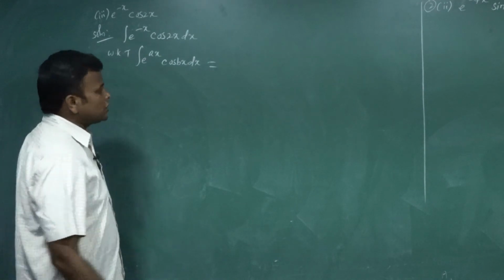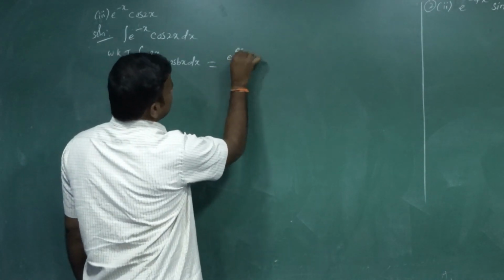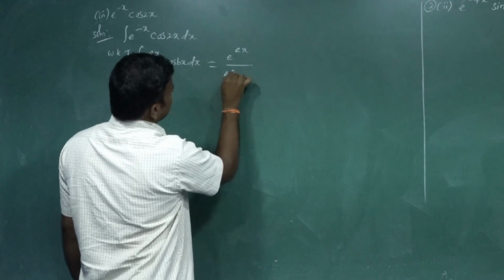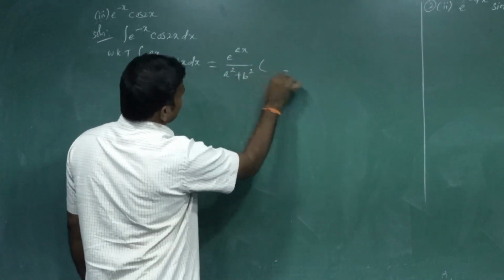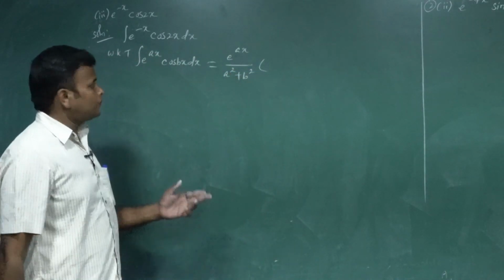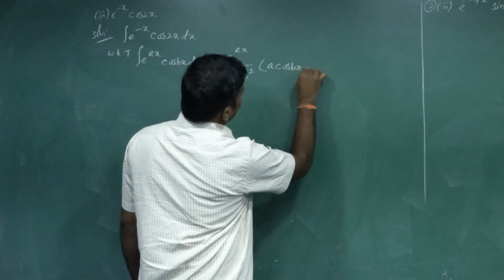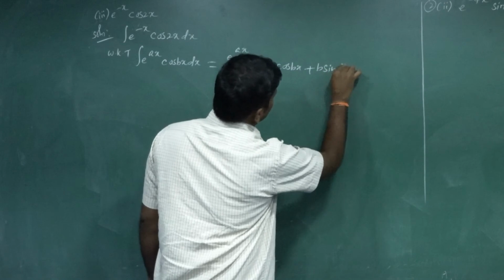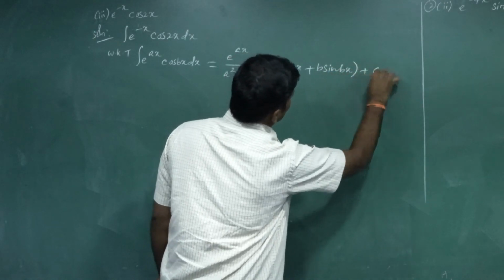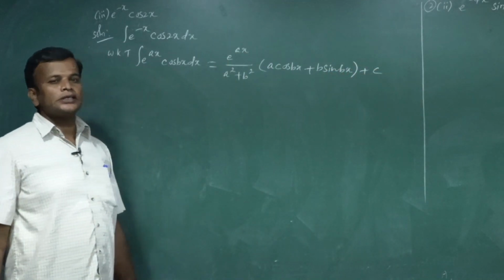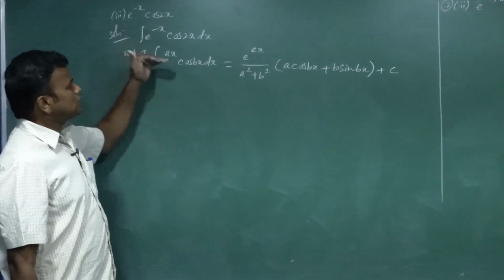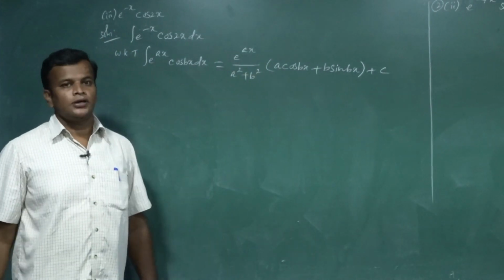The formula of that one is, you must memorize the formula, e power ax divided by a square plus b square of a cos bx plus b sin bx plus c.